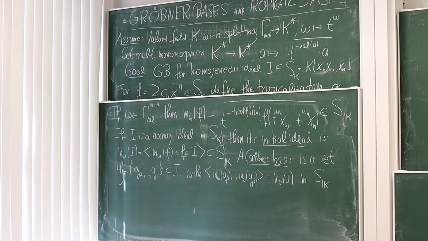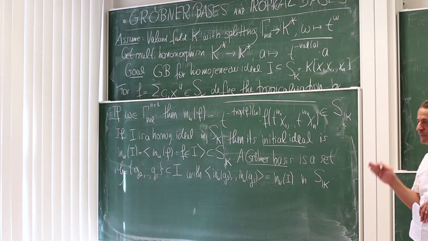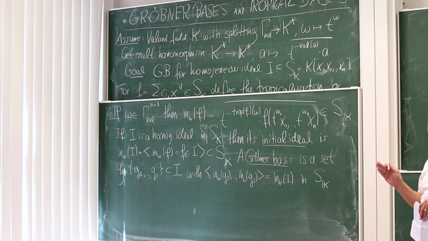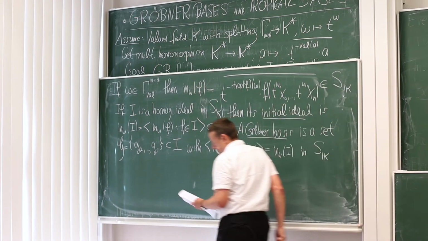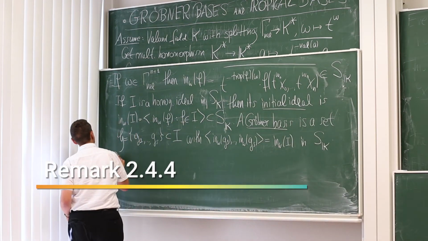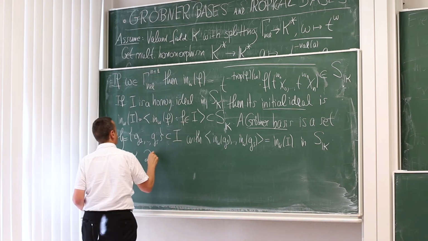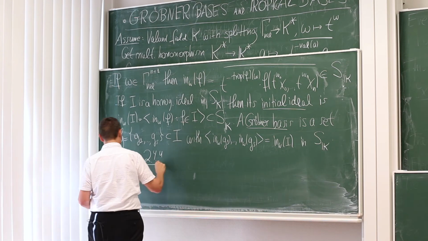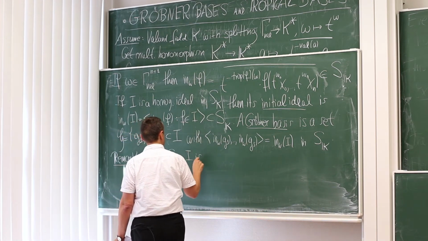Okay? That's the definition of a Gröbner basis. So it's the usual definition of Gröbner basis. It's the usual definition of initial ideal, but the initial form is a little subtle. There is no term order. Right? The ordering is driven by the field and by the valuation. That's very important. So remark 2.4.4 is that here we're using that I is homogeneous.